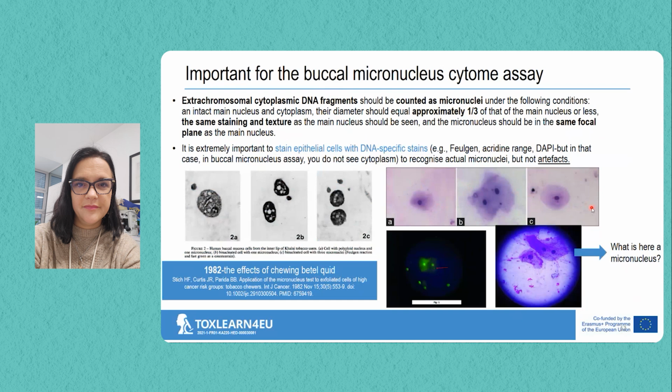And you can see on this picture how difficult it was, because also the microbes were stained because they also have DNA, how difficult it was to conclude what is actually the micronucleus and what are the microbes and other artifacts that have been counted.